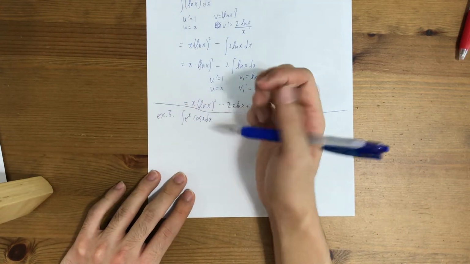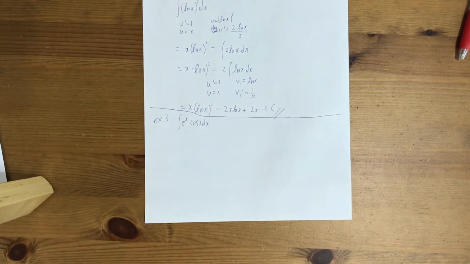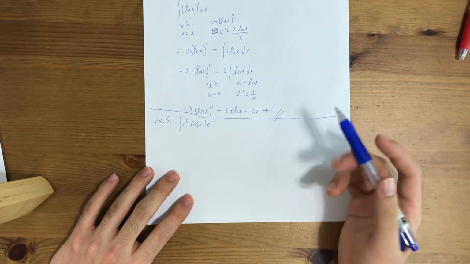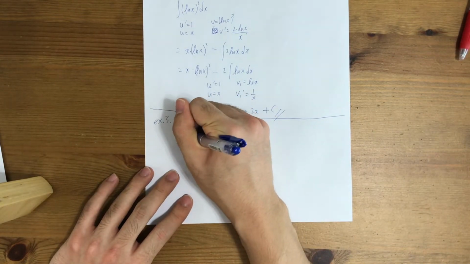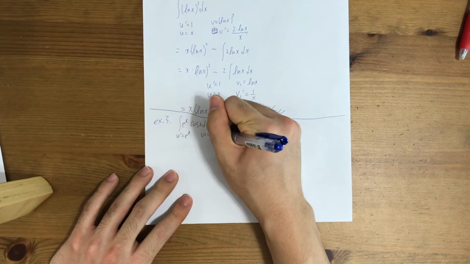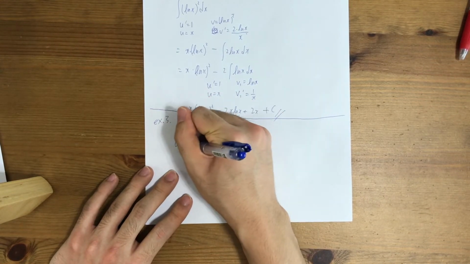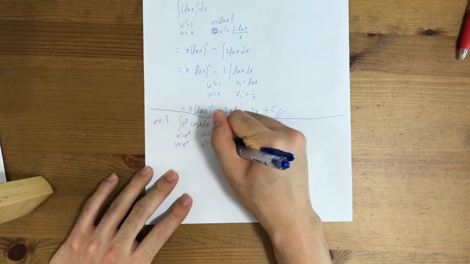How? First, this time it's not going to be important to choose which one to be which. So I'll just let u prime be e to x and v be cosine x. So u will be e to x and v prime will be negative sine x, right?